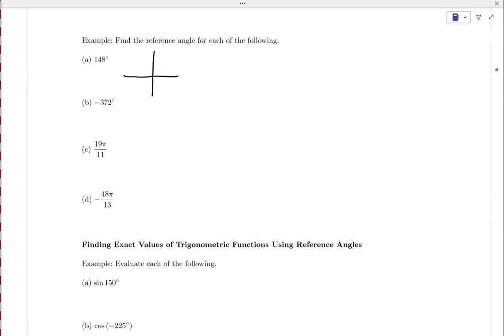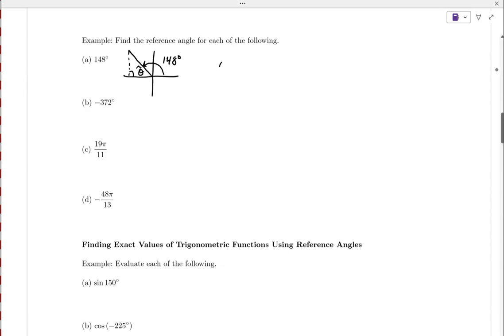So your 148 degrees should go this way. I'm going to draw the reference triangle in for reference, but really we're just trying to figure out what the angle is because it's asking for the reference angle, right? Again, we create our reference triangle by dropping that perpendicular. So your reference angle is in here, right?